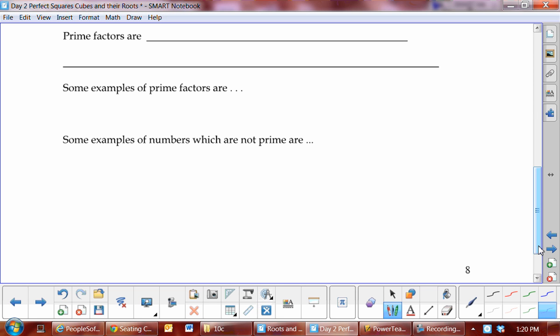What's the first prime number? No. 1 is neither prime nor composite. 2, 3, 5, 7, 11. It's after 11. 15 is divisible by 5. 13, 17, 19. So what is the, from my example, what is the definition of a prime number?